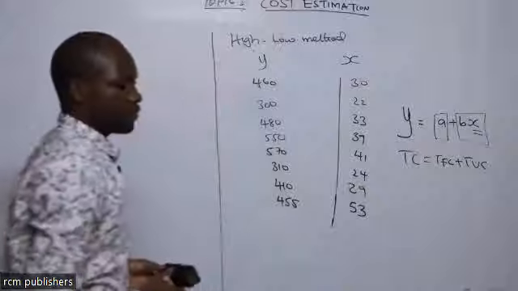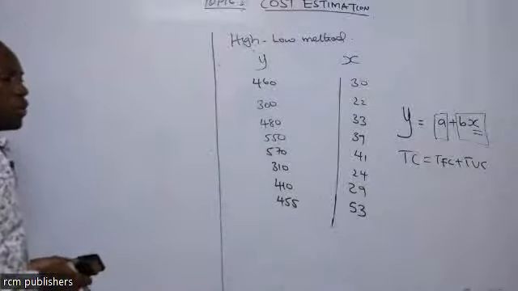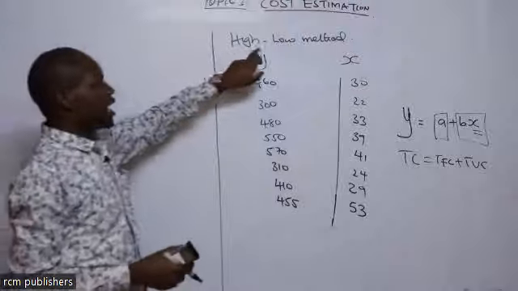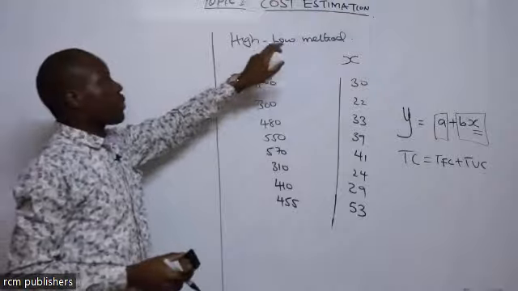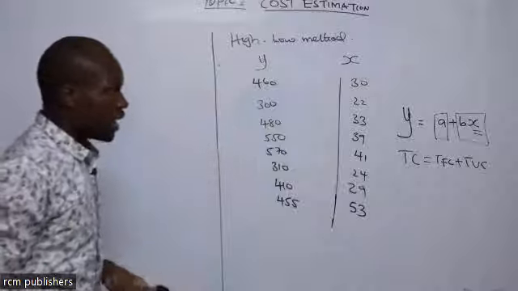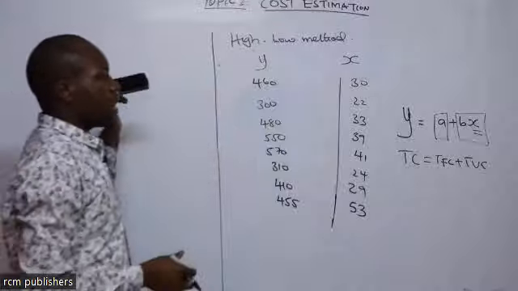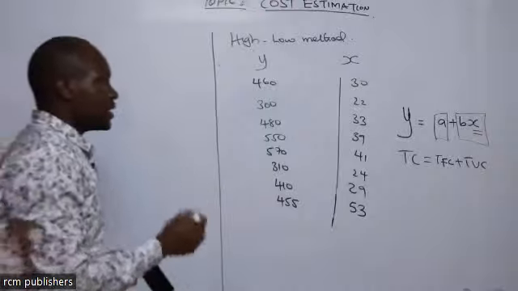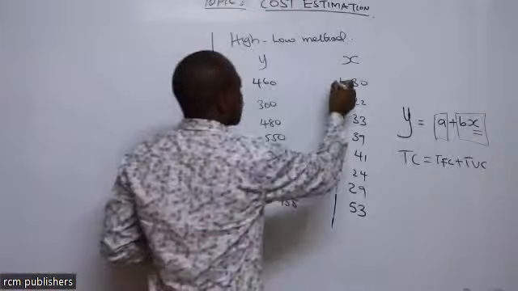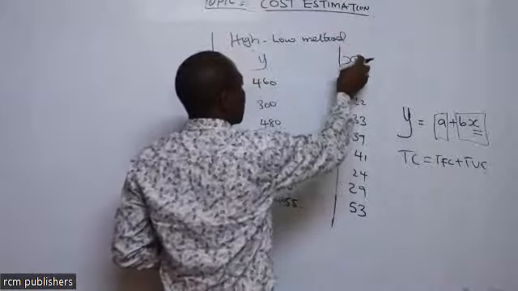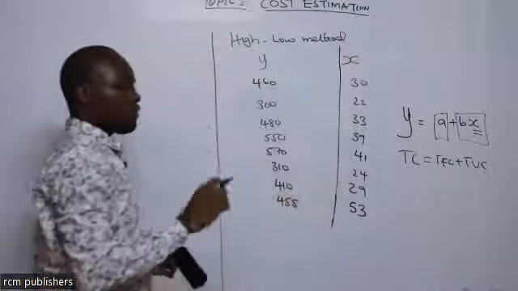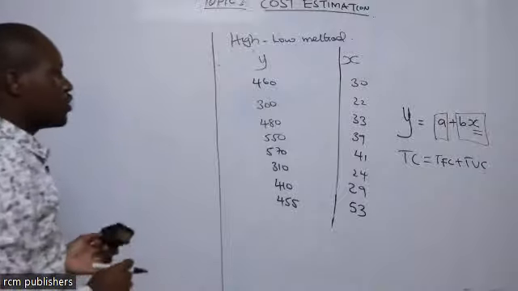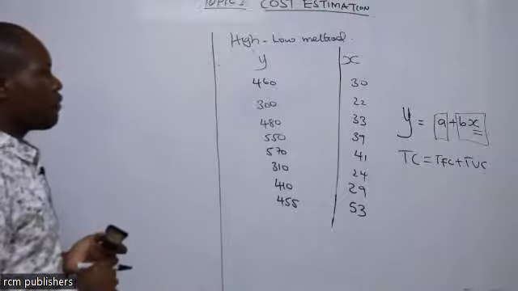So that is it. Now, when you're going to deal with this particular question, using which method? High-low method. We are going to consider the combination of the highest value and the lowest value, considering the values of x, not values of y.